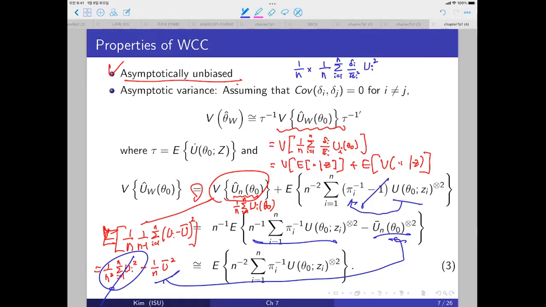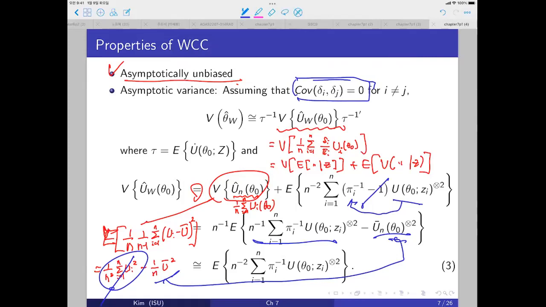Other conditions, independence between... Yeah, right, I should have told you. This one is a condition. In the missing data context, we assume that the response mechanism is independent across units.